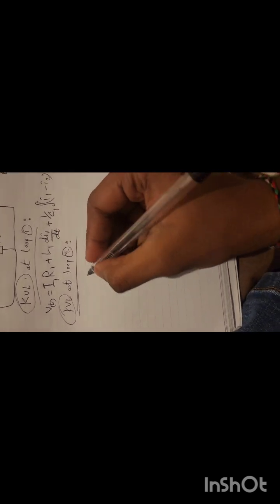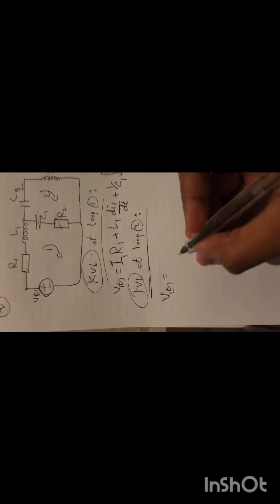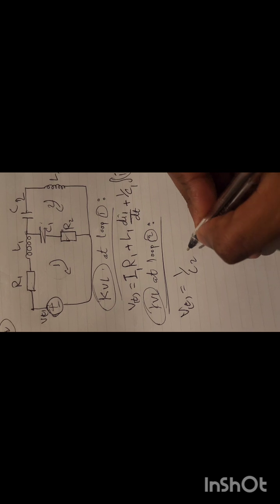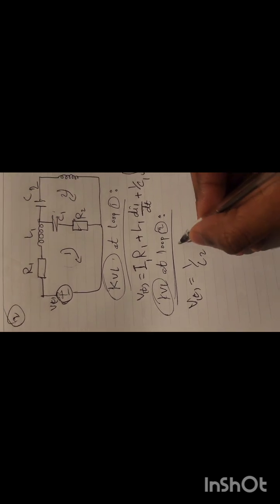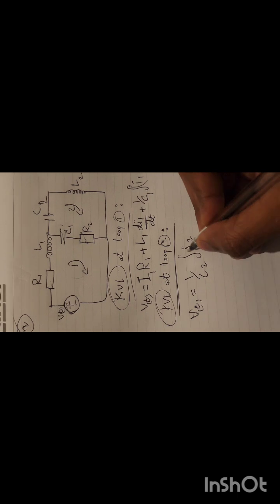So let's move to KVL at loop 2. At loop 2 we have Vt is equal to, it's C2 not C1, so we have 1 over C2 and the integration of I2.